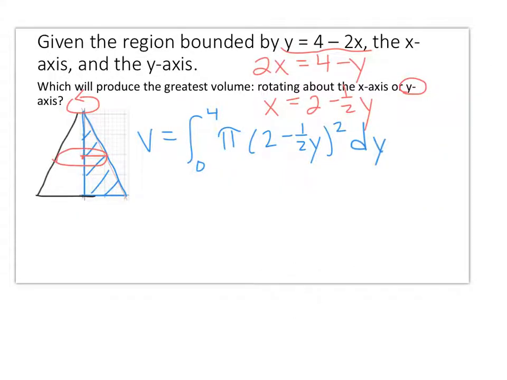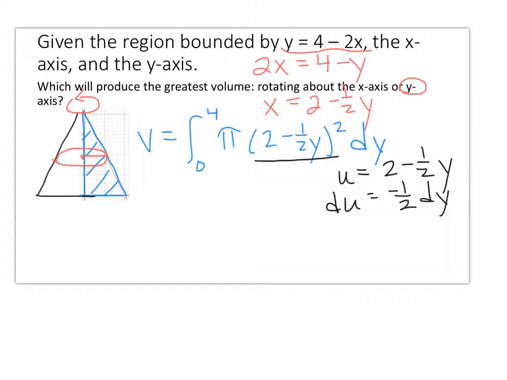And now again, to integrate, I can multiply this out. I prefer to use a u substitution, so again I'm going to say u equals 2 minus 1/2 y. So then du will equal negative 1/2 dy. Now I'm missing the negative 1/2, so I need to multiply by a negative 1/2. And to undo multiplying by a negative 1/2, I have to multiply by a negative 2.